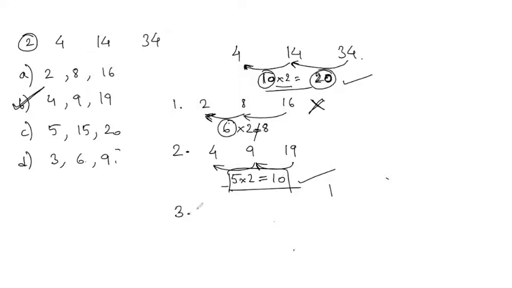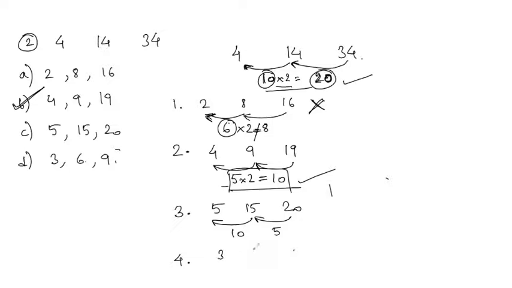But let us check the other two options. 5, 15 and 20. What is the first difference? 10. Next difference? 5. What is 10 into 2? 20. Yes, 5 is there, so it is not matching. So this is not correct.